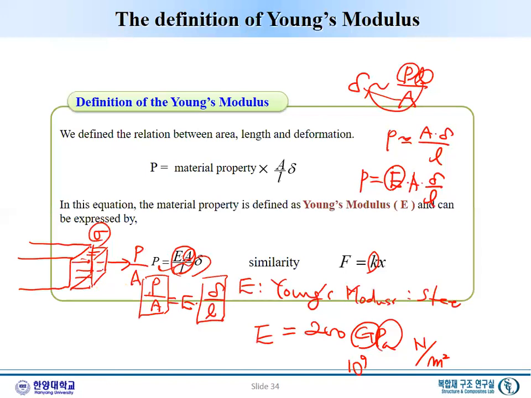Okay? Now this is sigma, or pressure in this case. So with pressure P over A, what is the delta over L?